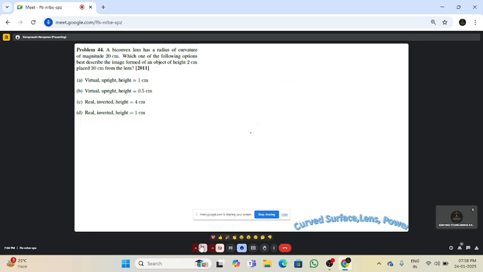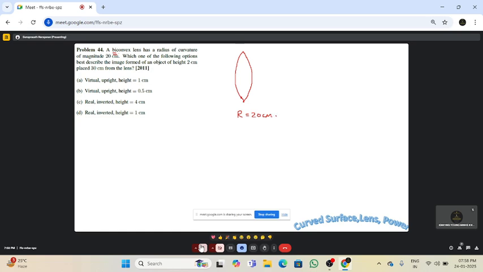Biconvex lens has a radius of curvature of magnitude 20 cm. Biconvex means both sides are like this. This side is a convex surface, and this side is also a convex surface. So that is what is called biconvex. Both have a radius of curvature, so r is equal to 20 cm.